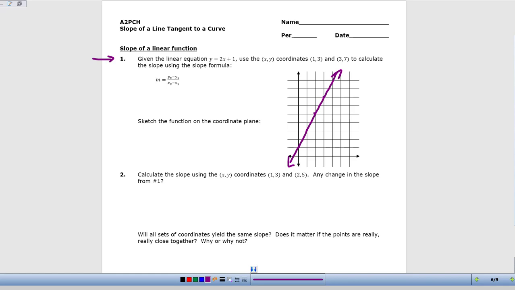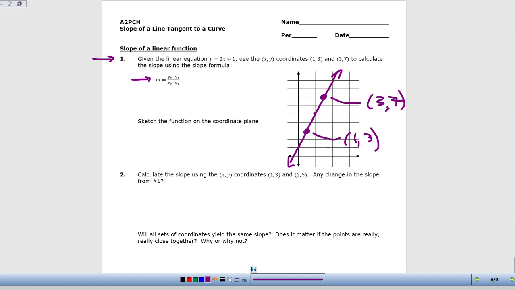And of course we know that we can use the points on the line to find the slope. So if there's (1, 3), and if I go up to (3, 7), we can find the slope of that line by using our slope equation.